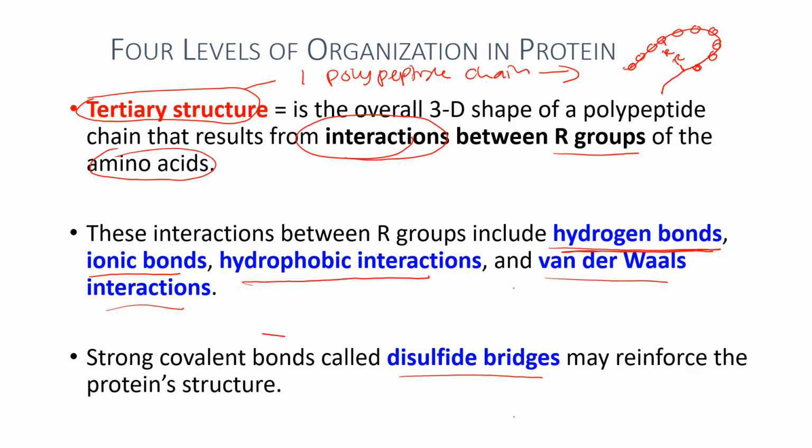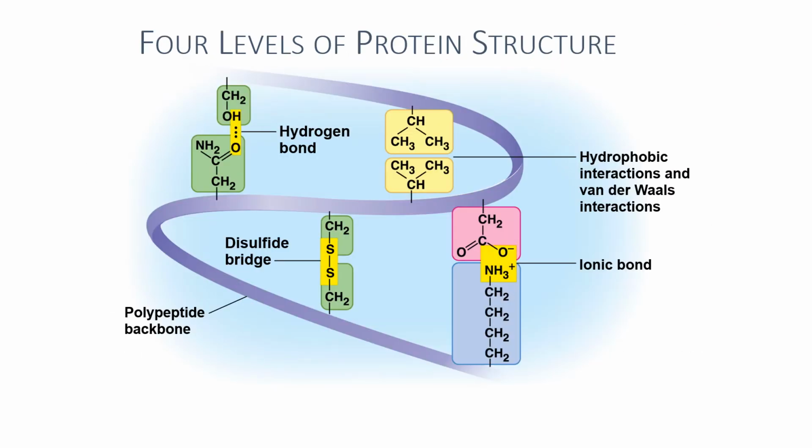It is due to the interaction between the R groups that forms hydrogen bonds, ionic bonds, hydrophobic interactions, and van der Waals interactions between the side chains. The example given here is to show you how the side chains along the polypeptide chains are formed. Just to draw to you the amino acids along the polypeptide chain.